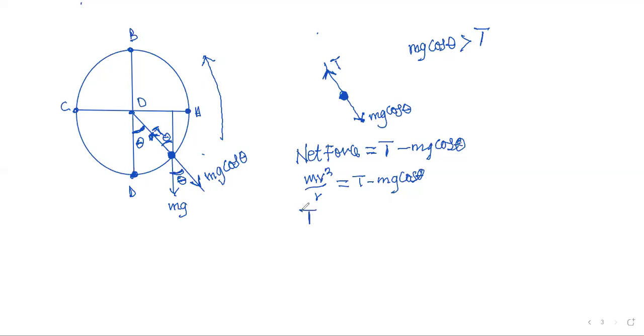Yes, the tension. T will be equal to mv squared over r plus mg cos theta. So this is the general expression for the tension at any angle theta.